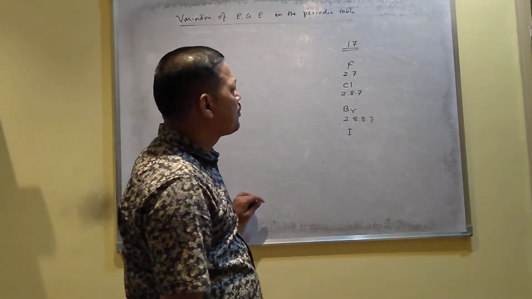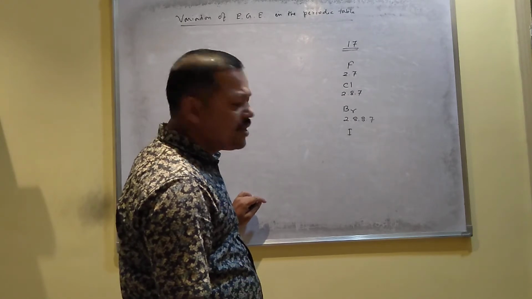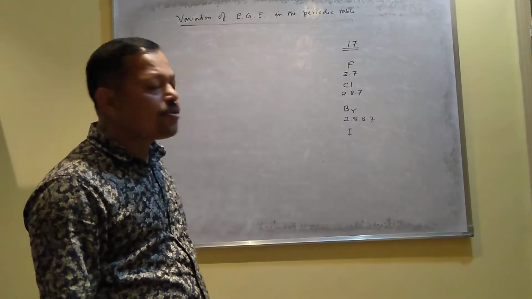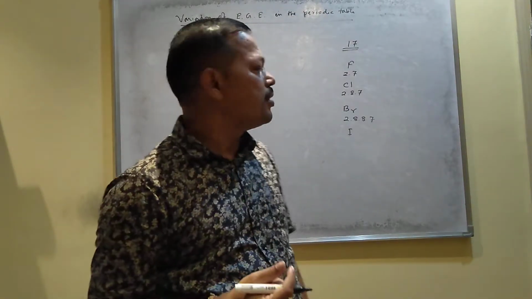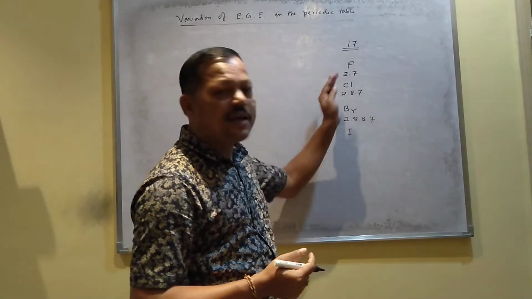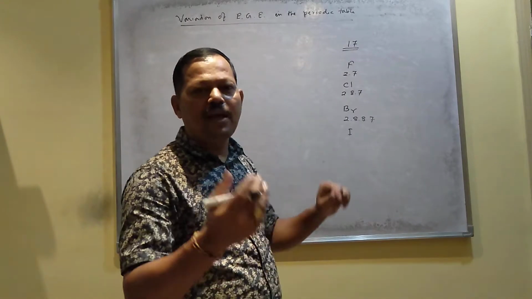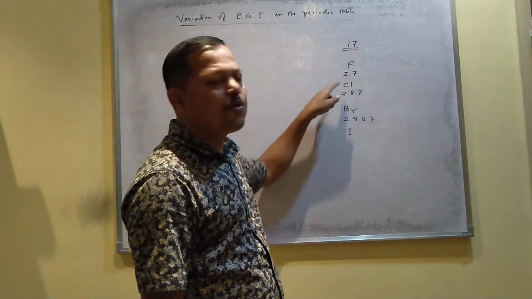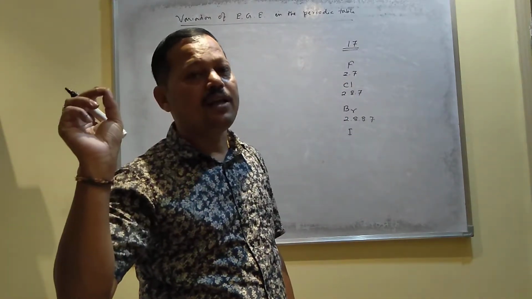Now since they contain 7 electrons in their valence shell, due to presence of 7 electrons they always have a tendency to get 1 electron, and that is why they have a high tendency to gain the electron. And since they have a high tendency to gain 1 electron to get the stable configuration, that is why this type of elements, I mean halogens, always have higher electron gain enthalpy.